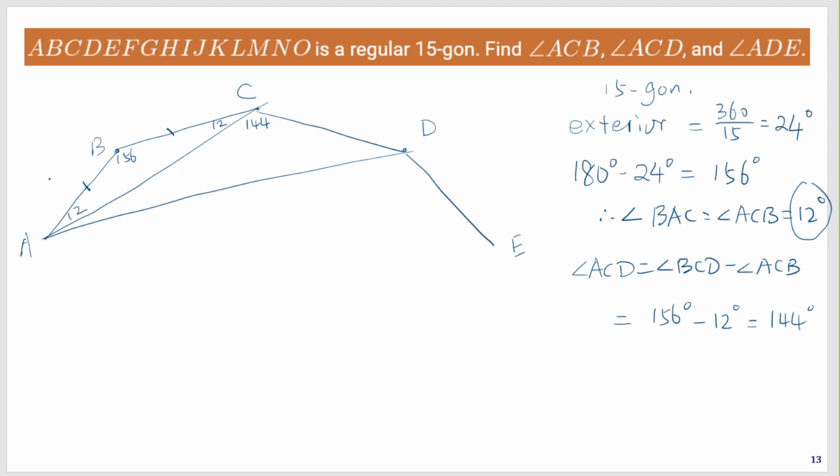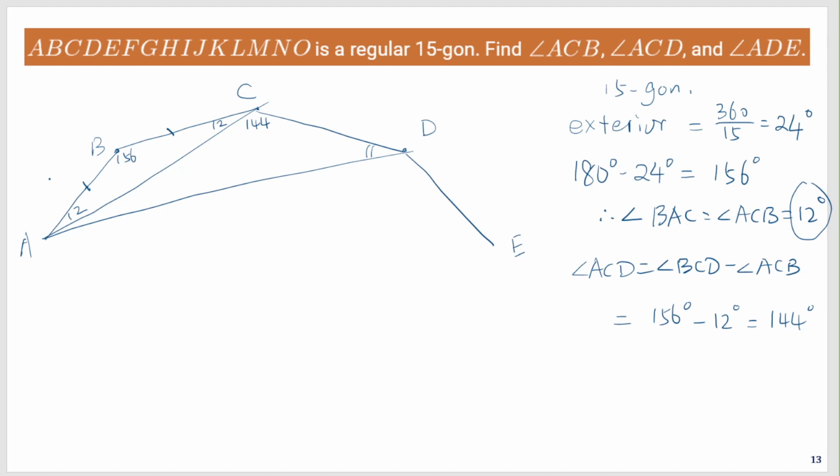Okay, and in order to find angle ADE, we need to find this angle first, right? If you know this angle, then using the interior angle subtracted by angle ADC, then you will get angle ADE, right? So is it easy to find this angle?